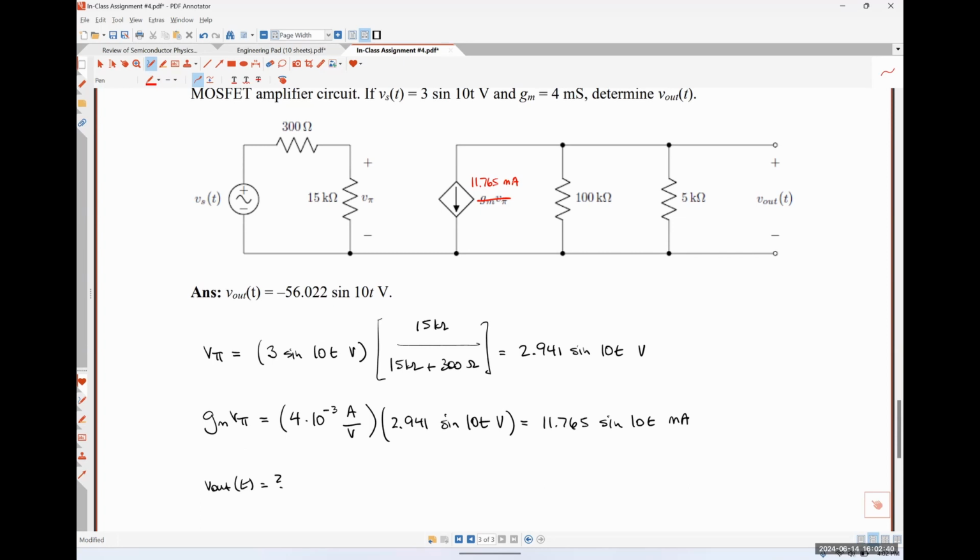We can tack the sine 10t on at the end. So we have a current source in parallel with 2 resistances, and we're trying to find a voltage. What should we do? Current source times the... I don't know if you were aware that you cut off there, Mr. Utley, but please finish your thought. You're definitely on the right track, I believe.